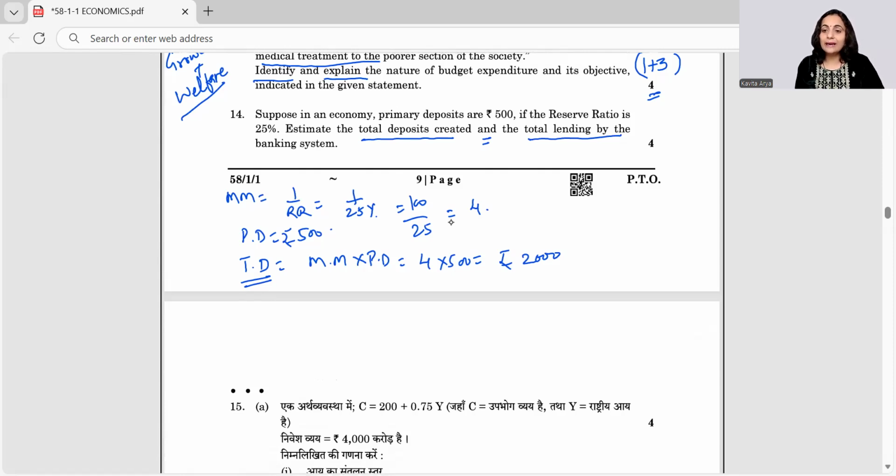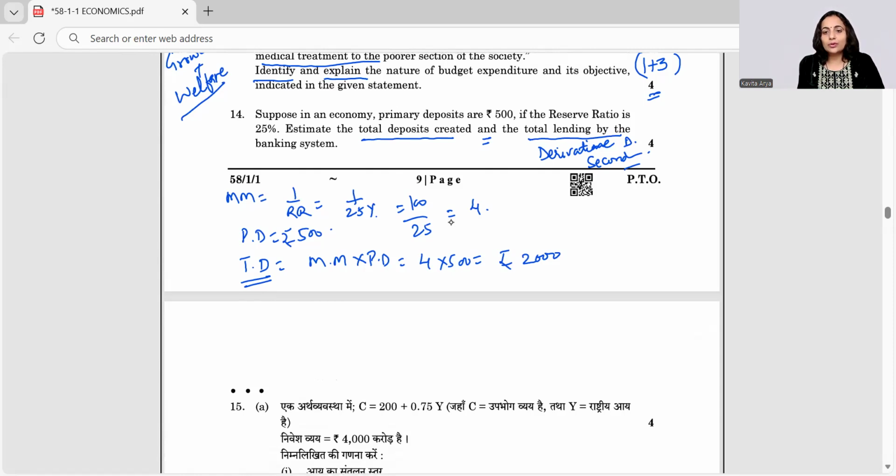Now the total lending by the banks means they are asking about the derivative deposits, or you may say the secondary deposits, because they are asking from this base of 500 how much they have created for lending.